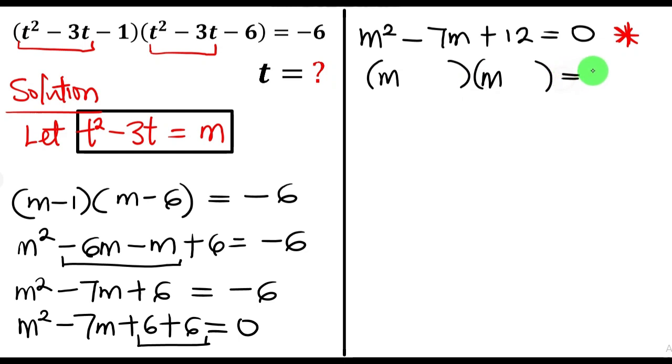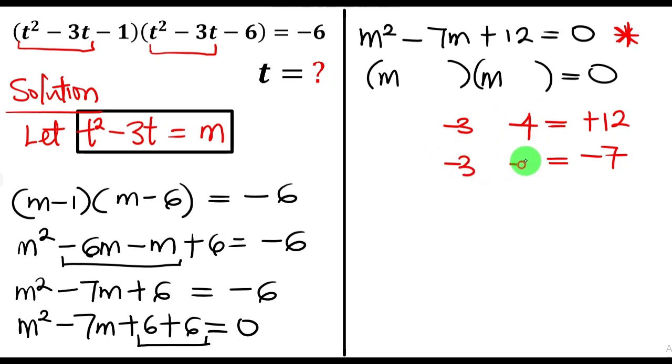What I am going to do now is find two numbers which, if I multiply them together, give me +12, and if I add them together, must give me −7. So what are the two numbers? The two numbers are −3 and −4.